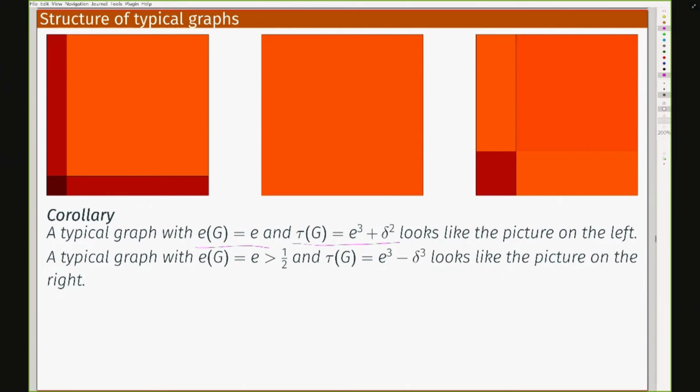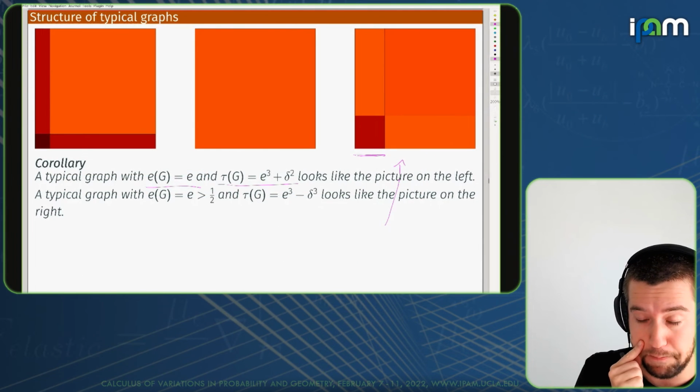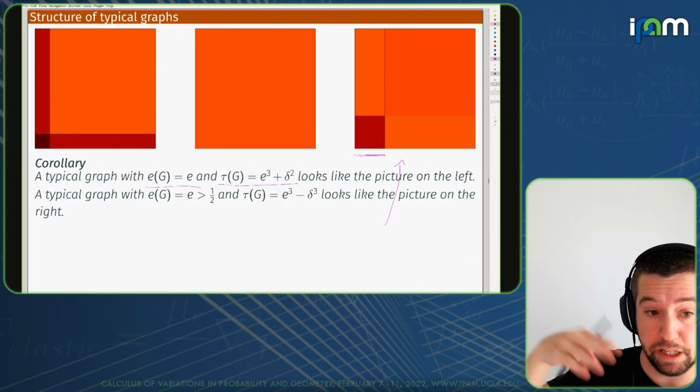Maybe let me say it in a slightly more concrete way. I'll take this one, for example. If you take a graph with a given edge density and fewer triangles than you would normally expect to see, then there is a small fraction of vertices which have much less dense connections among each other than the rest of the graph.